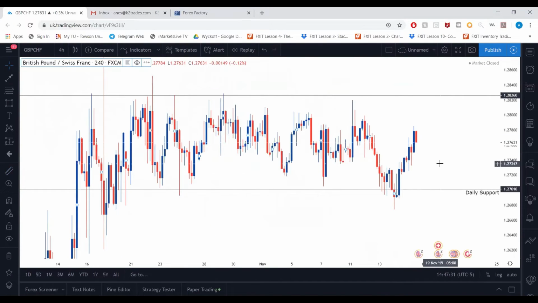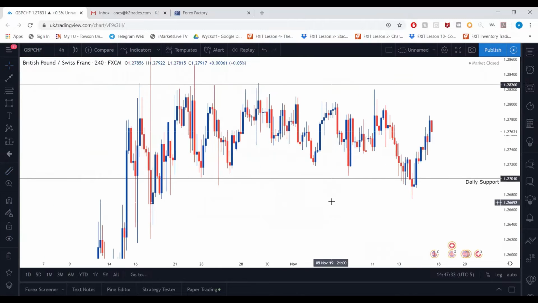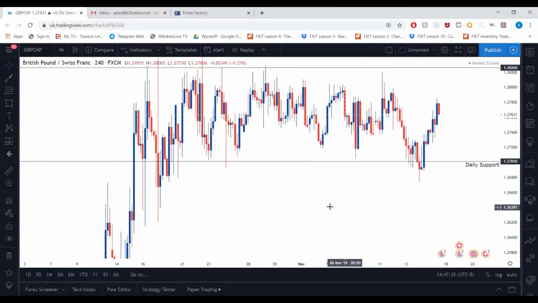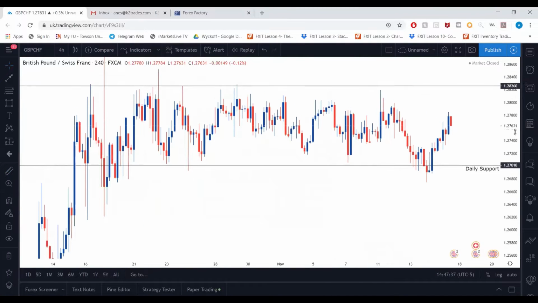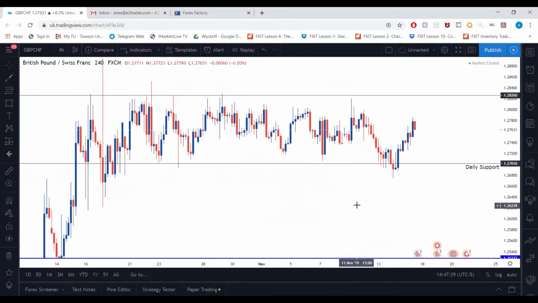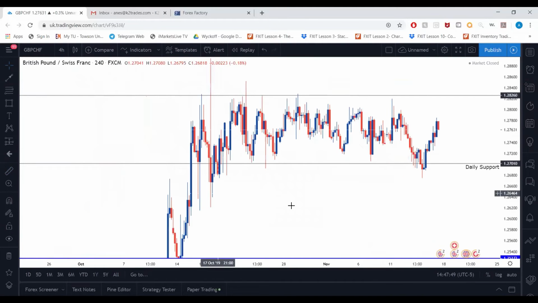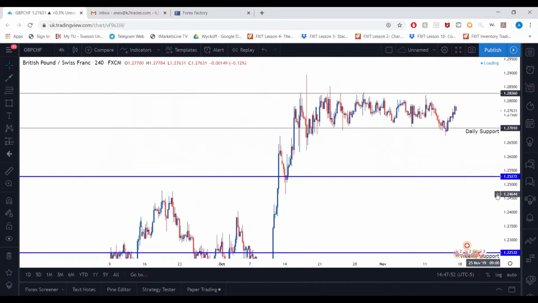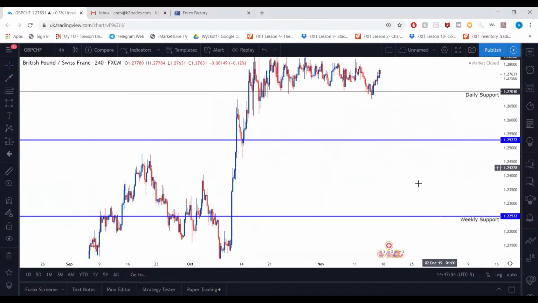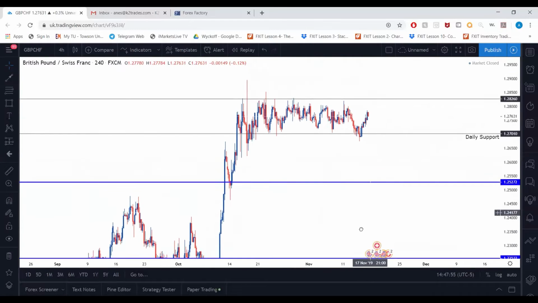GBP CHF is similar to GJ. It's ranging, going sideways. The only thing is here we have a smaller range compared to GJ, because this range is only about 125 pips. As far as the structure, I would like this pair to correct, similar to GJ.